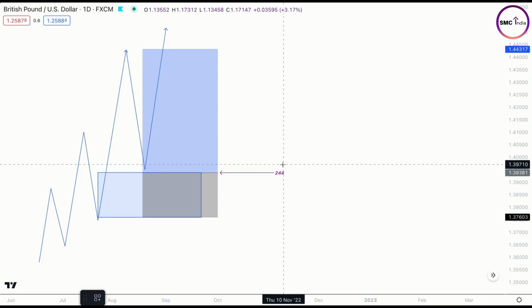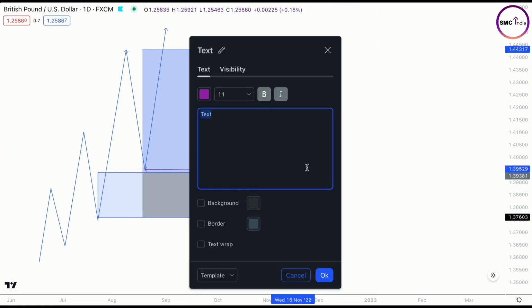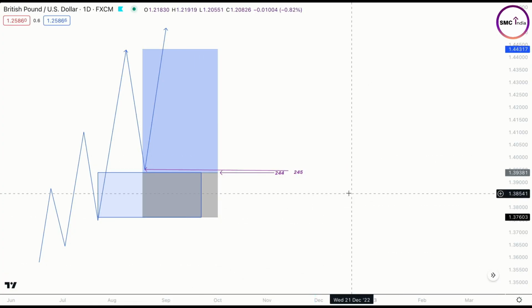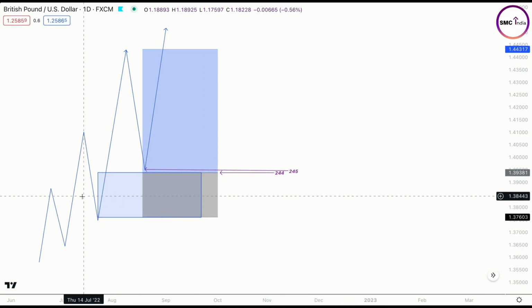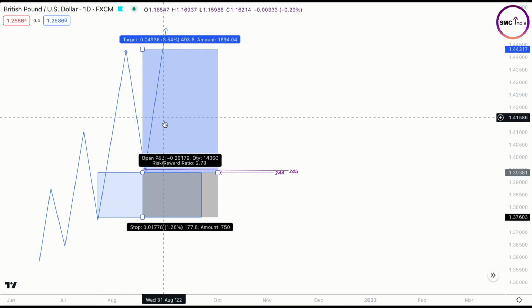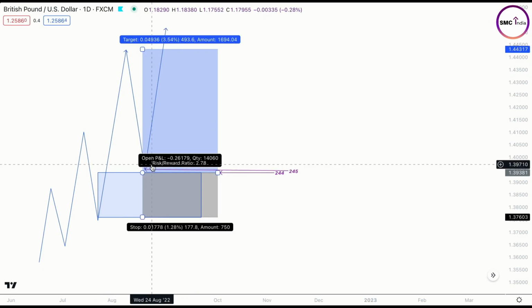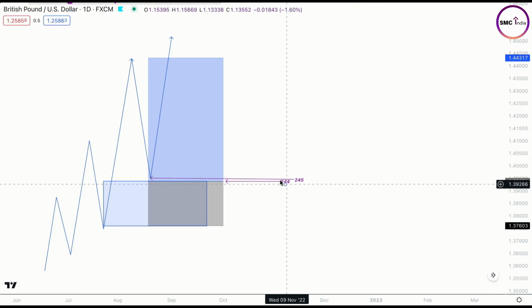For most cases, they're not going to buy it at 244. Here might be a price which is 245. So the institutions are going to place a huge amount of buy limits here, and when the price comes down here, the buy limit orders get activated and then the price shoots up. So what you should keep in mind is a psychological price.